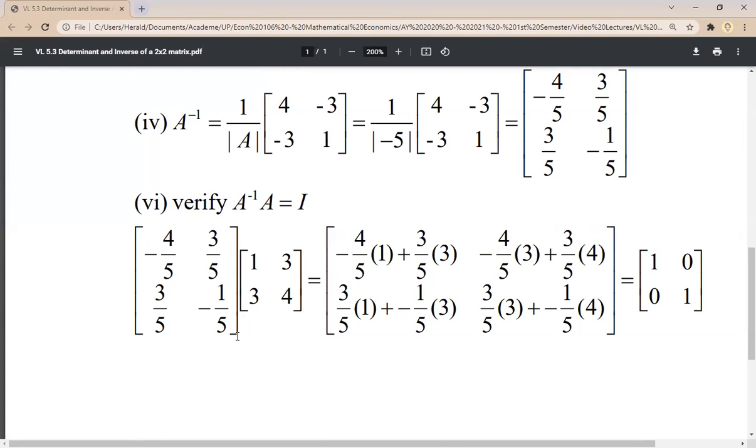The conformability condition states that the column dimension of the lead matrix should be equal to the row dimension of the lag matrix. Again, why are we still talking about the conformability condition, the dimensional requirement? We are doing matrix multiplication. Okay. Now, multiplying these two matrices, it would be equal to the identity matrix.